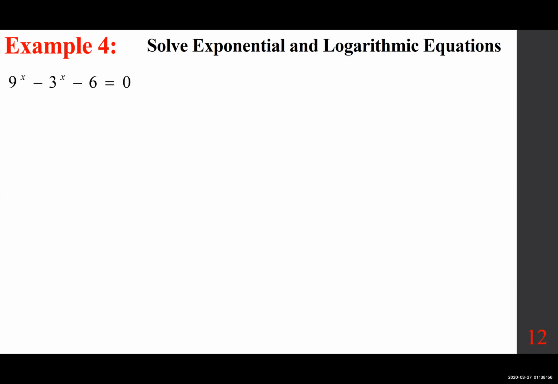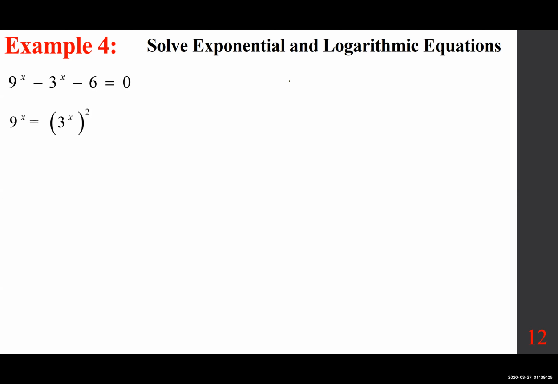When you look at 9 to the power of x, if you replace that with 3 to the power of x, how does it work? 9 is replaced with 3 squared. So it's 3 squared to the power of x, okay? Or 3 to the power of x, squared. I want to make sure everybody understands what's going on.